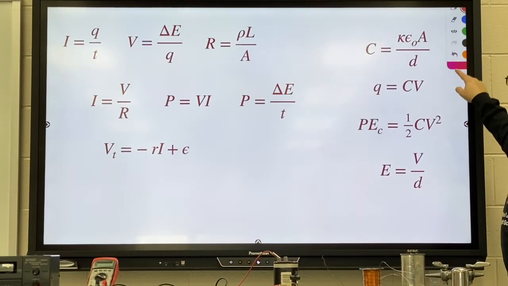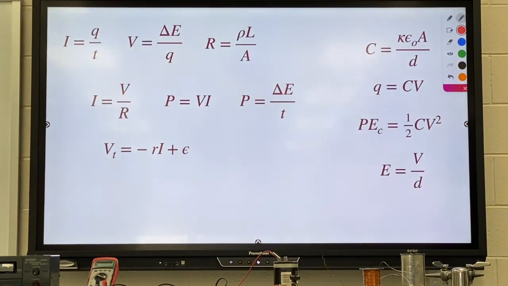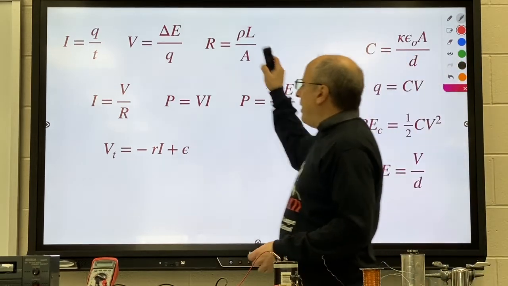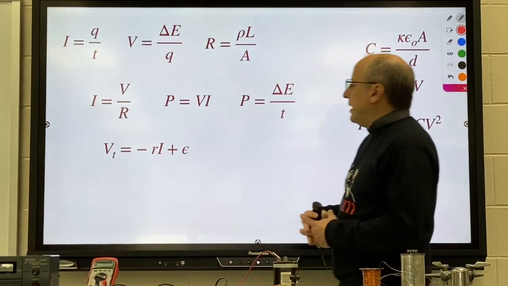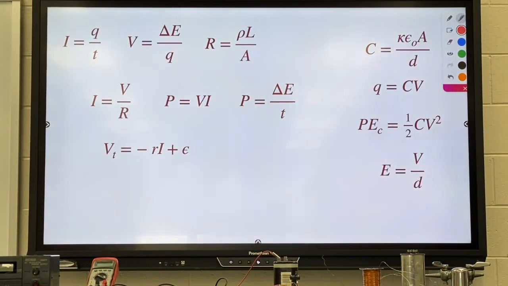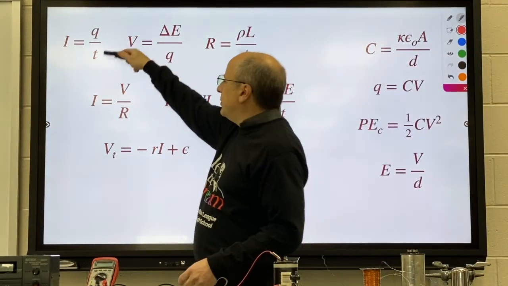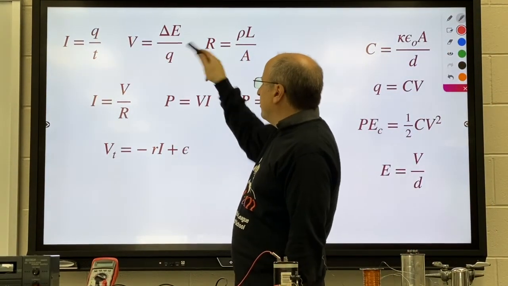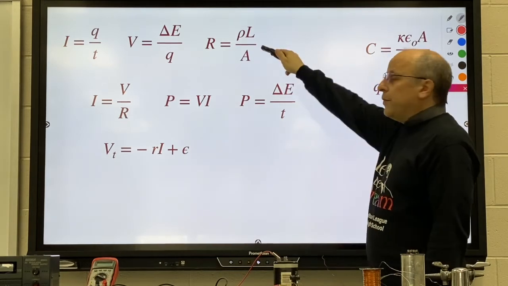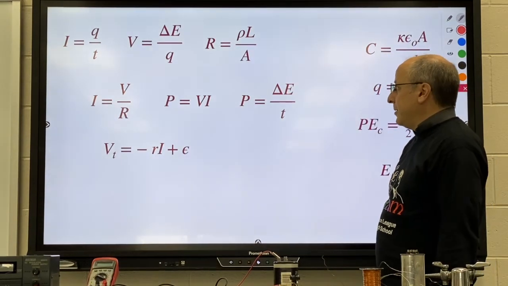Finally, I wanted to give you the formula, so if you want to make a formula sheet to make it easier to find these things, we have the capacitor formulas, we have the resistor and circuit formulas. Current equals charge per second, voltage equals energy per charge. The formula for the resistance of a wire.